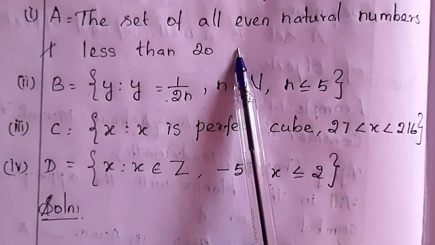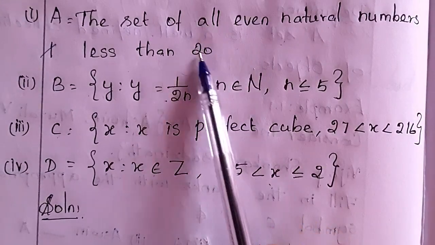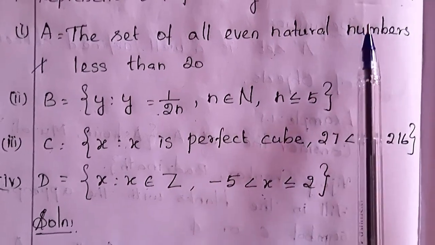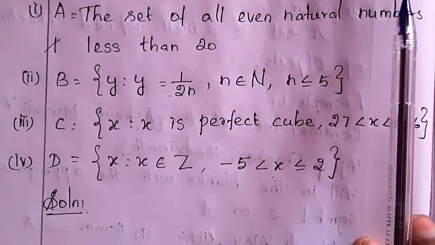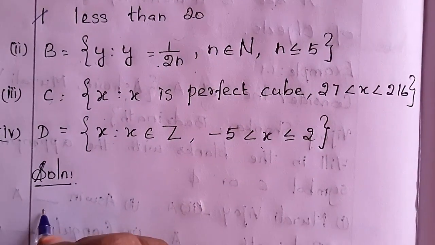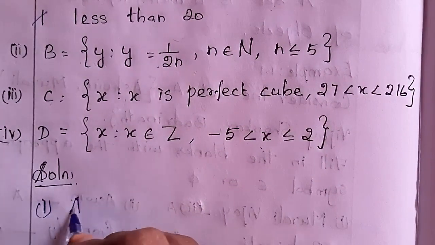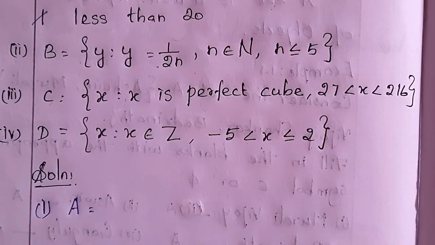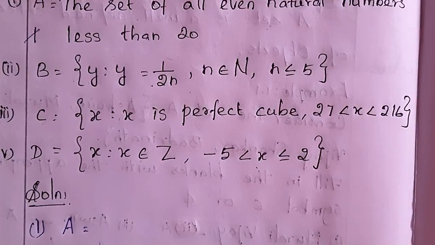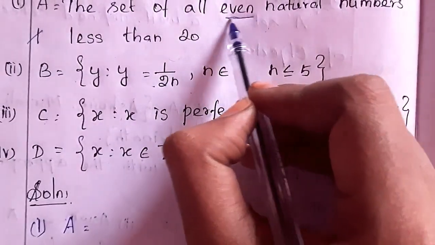Can you guess this form? It is in descriptive form. We have to change it into roster form. For that I write like this: A equal to. Roster form means we have to write with elements. So even natural numbers less than 20.